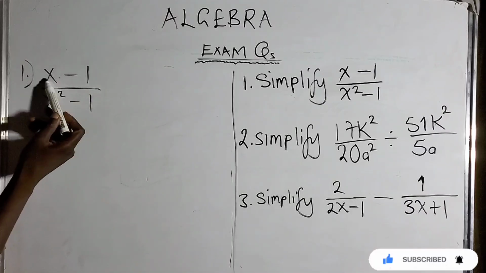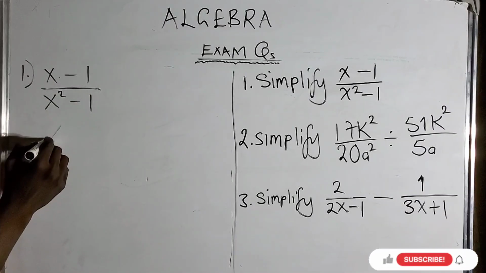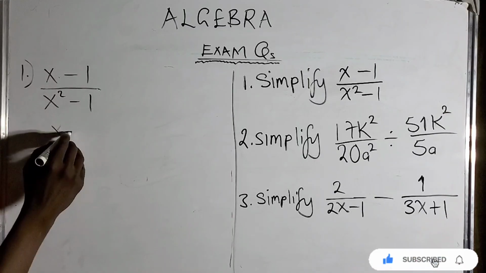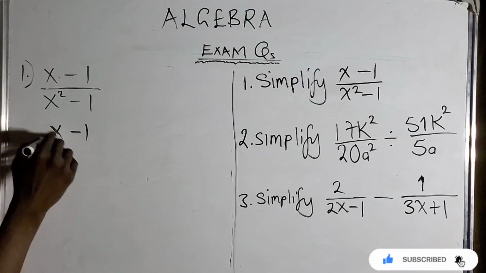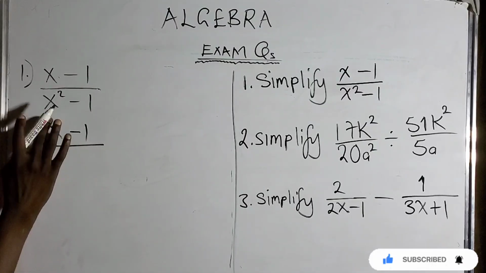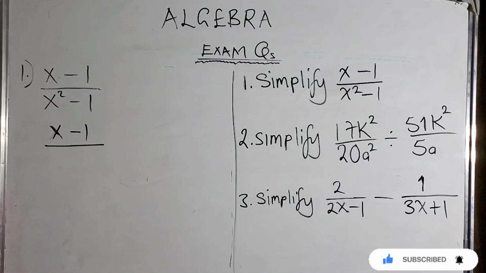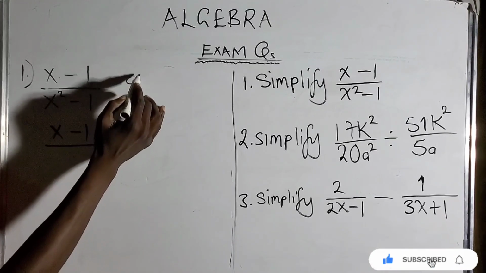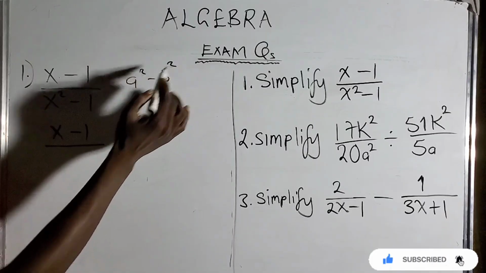Now check. If you look at what is on top here, this is already simplified and factorized, so you can just leave it the way it is, as x minus 1. Over what's down here is a difference of two squares. What do I mean when I say difference of two squares? Difference of two squares is, let's say we have a squared minus b squared.